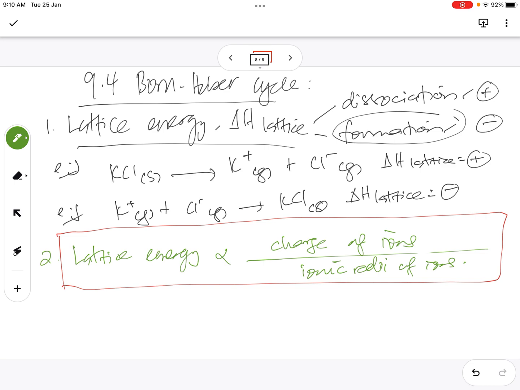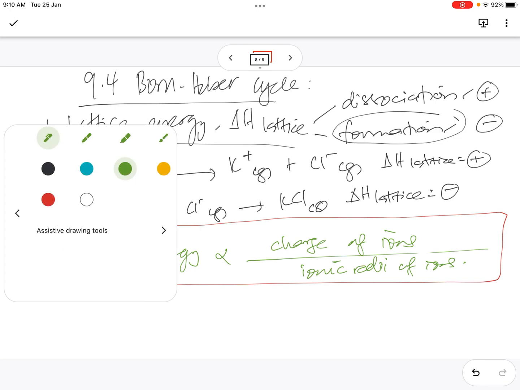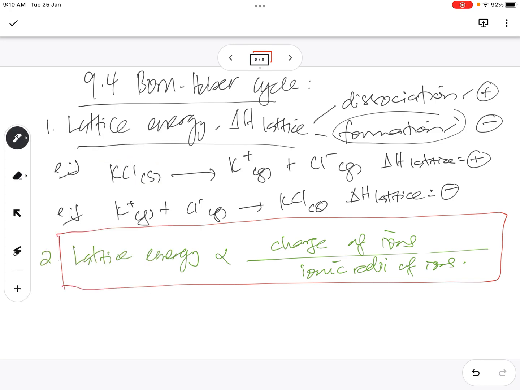So what does this mean? For example, I have Na+ and Mg2+.